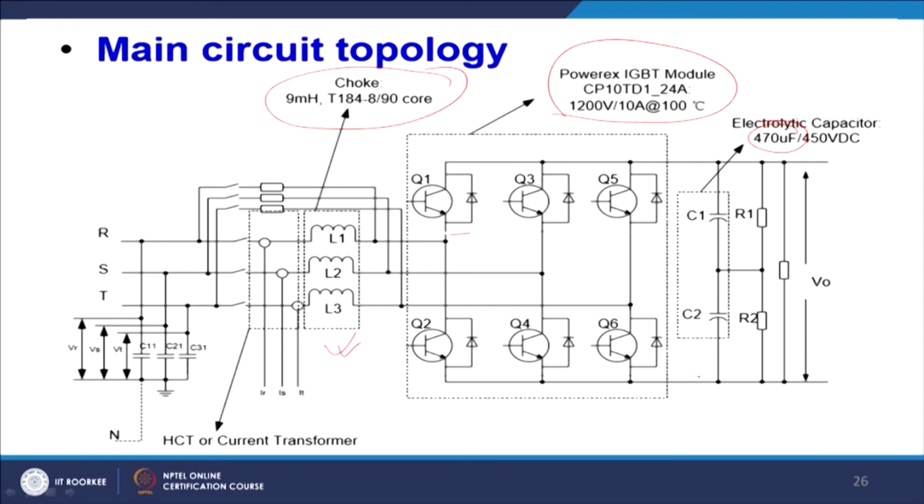Once you rectify it, it goes to 600 volt for the 440 volt line. You will find that this voltage will be around 700 or 750 volt, and for this reason you will be using capacitors of 450 volt rating, so that 900 volt can be used.